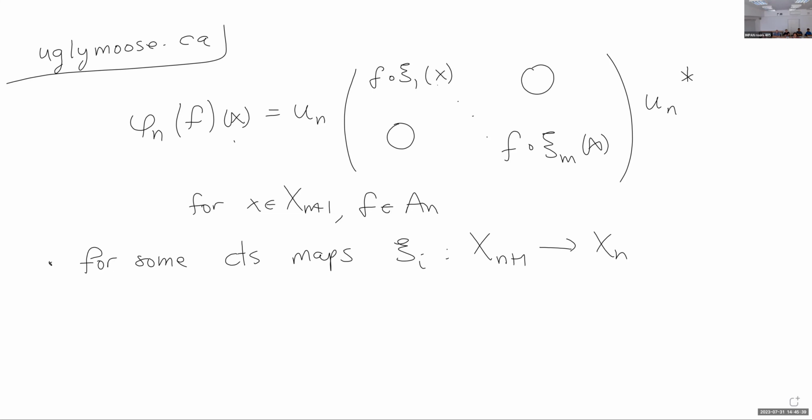Okay. So in the construction of Jiang-Su algebras, you can explicitly say what the psi_i are. In the Jiang-Su construction, the maps from one stage to the next are one of three kinds. They are either constantly a half, or they are the map x over 2, or they are x plus 1 over 2.